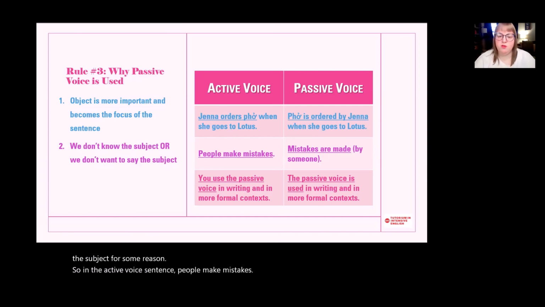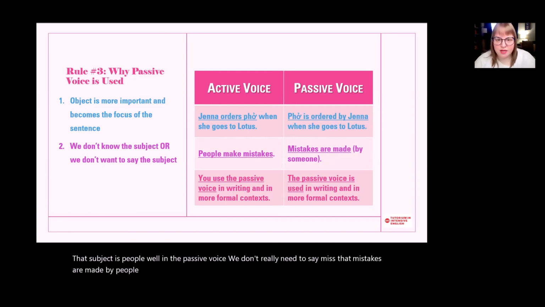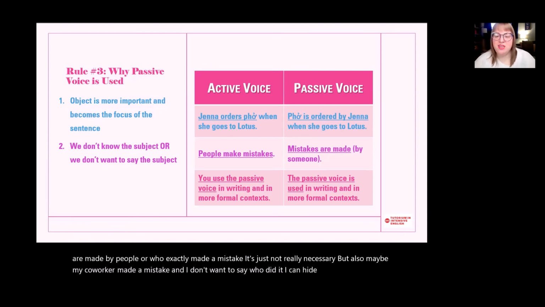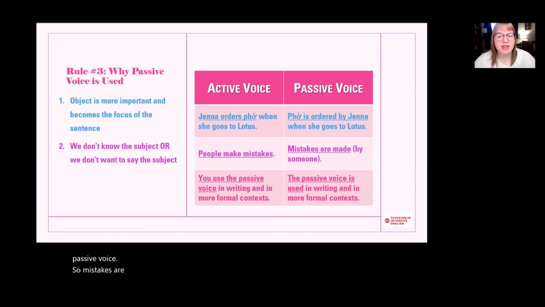That subject is people. Well, in the passive voice, we don't really need to say that mistakes are made by people or who exactly made a mistake. It's just not really necessary. But also, maybe my coworker made a mistake and I don't want to say who did it. I can hide this name by using passive voice. So mistakes are made. I can say by someone if I want to, but I don't have to.